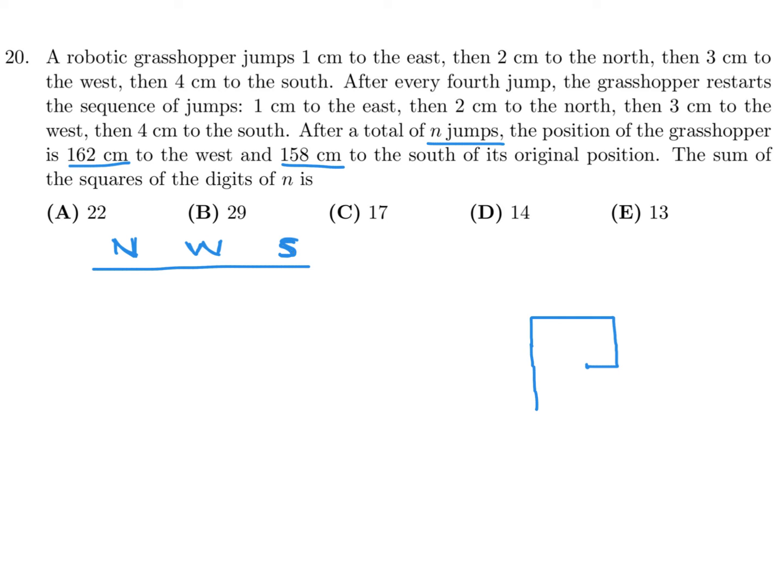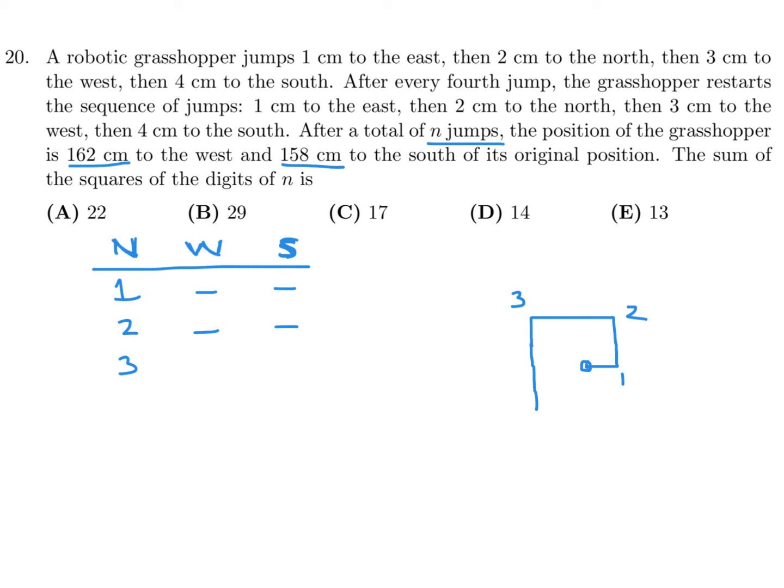Okay, so let's talk about this. This is our first move from here. This is our original position. So after our first move, we are there. Now we're not west or south, so I'm just going to leave a blank there. For the second one, again, we're not west or south. We're still not even in those directions, but at that point we are west.